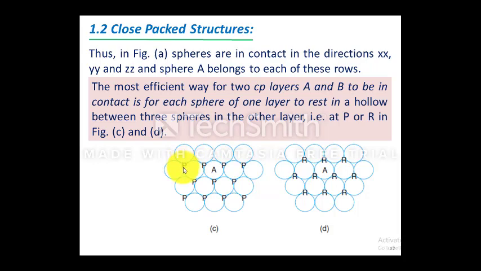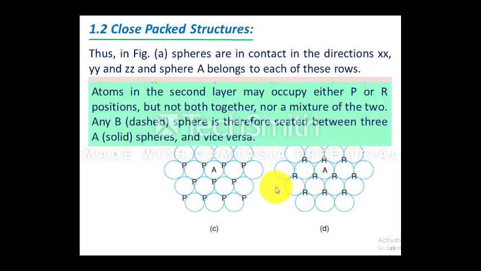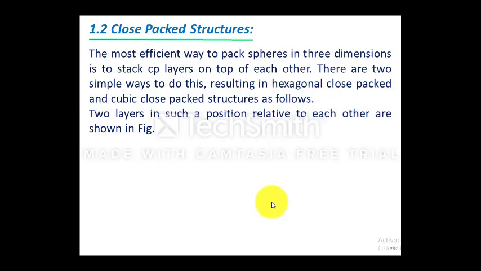These hollow positions are represented by P, and these hollow positions are represented by R. Atoms in the second layer may occupy either the P position or the R position. If atoms in the second layer occupy P position, then they cannot occupy the R position. Similarly, if the atoms in the second layer occupy R position, they cannot occupy the P position.